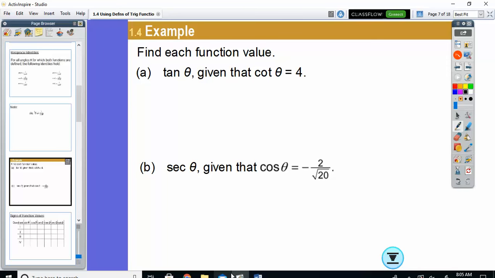So I did not give you x, y, and r, but do you know what tangent of theta would have to be? Yeah, it's the reciprocal. This is like 4 over 1, so tangent would be 1 over 4. You just flip it.